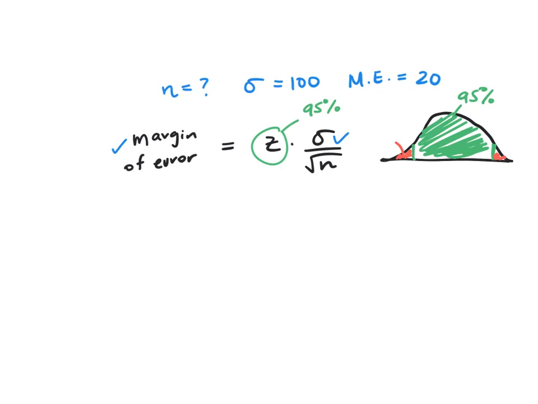What's 100 minus 95? 5%, but divided by 2 pieces, that's 2.5%. And on the other side, it's 2.5%. And so we're going to convert this to a decimal and look for it on the table. Just to reiterate, 2.5% is 0.025.